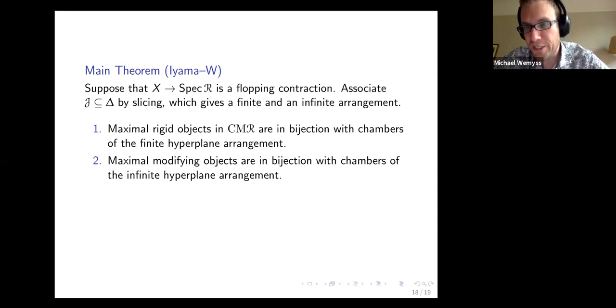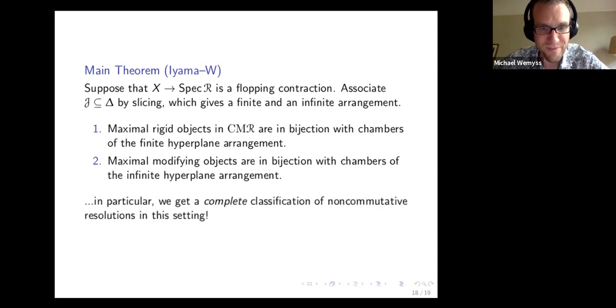So the chambers in these arrangements are precisely the structure which classifies these types of modules. In particular, we get a complete classification of non-commutative resolutions in this setting. We know absolutely everything about them, how they behave, and what they look like.